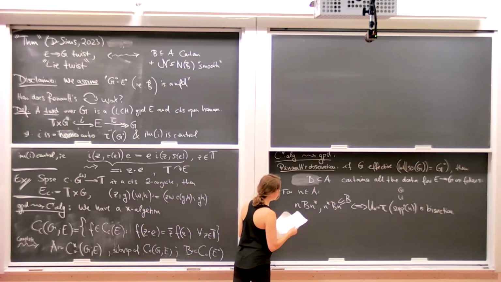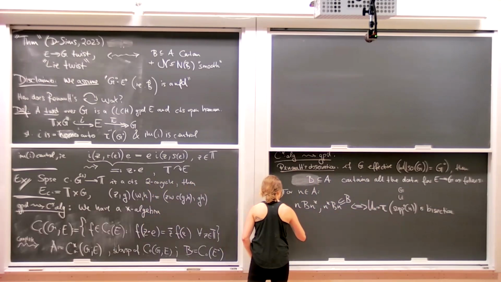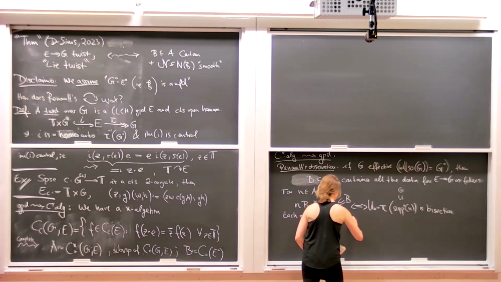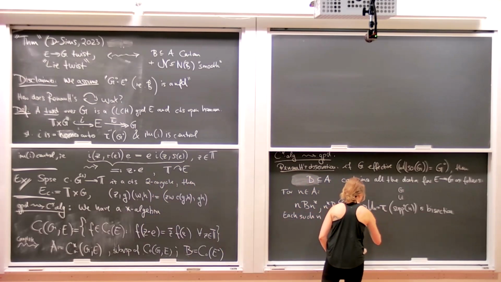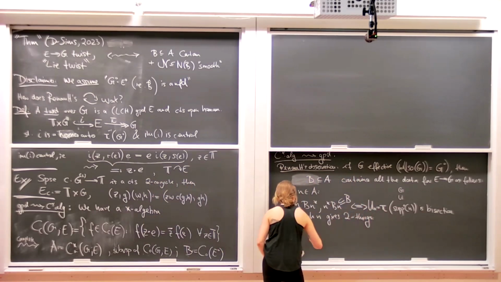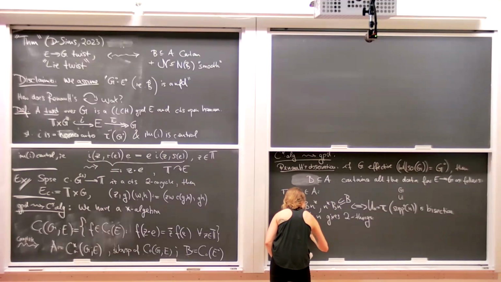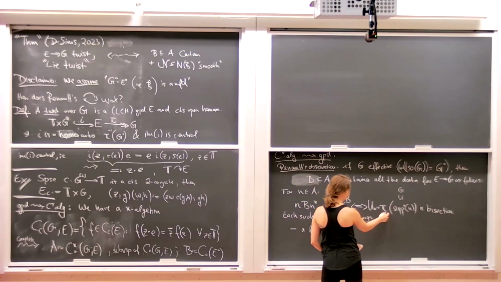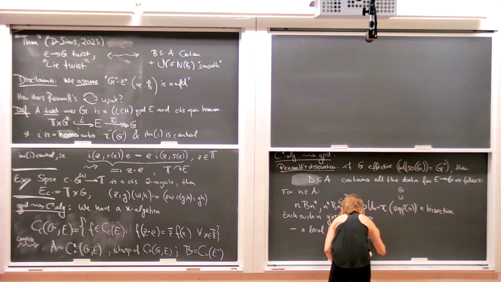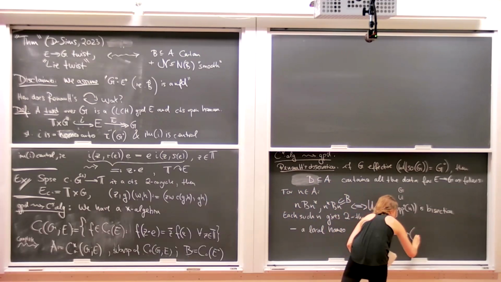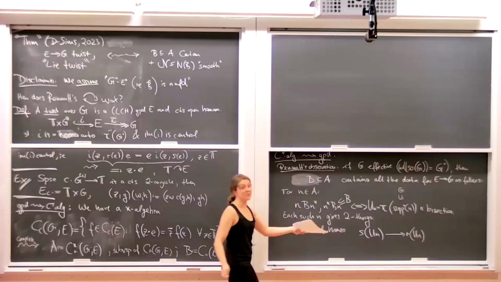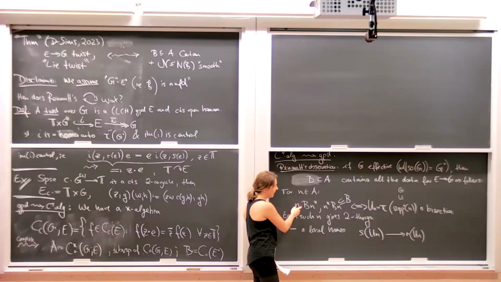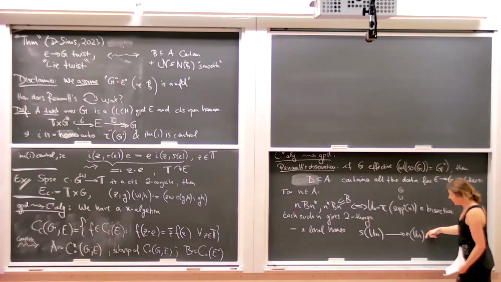So what happens now is that each such n gives you two things. The first thing it gives you is a local homeomorphism from this guy's source to its range. I'm not saying that this is obvious, but it does, because of this property. This property actually gives you this homeomorphism.